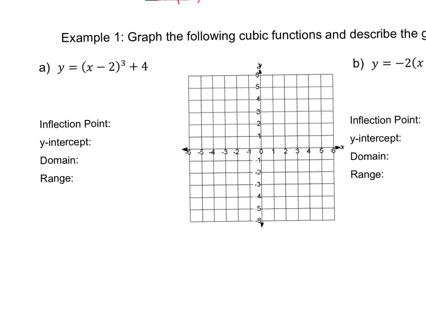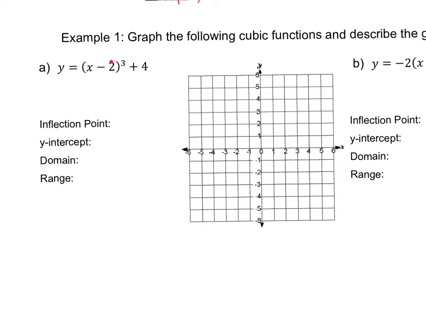So we will need to find the inflection point, y-intercept, domain, and range. By the way, you can use a calculator here, and I'll show you in a moment how you can use the calculator to find cubes or take something to the 3rd power. So the first thing I want to start off with is graphing it, and that's using the phase shift.